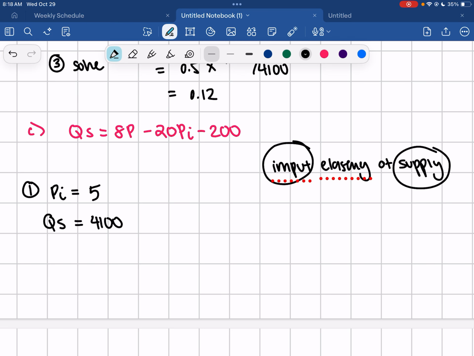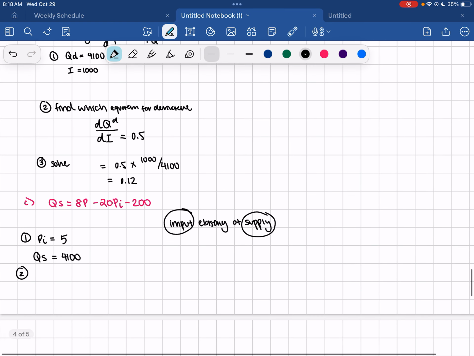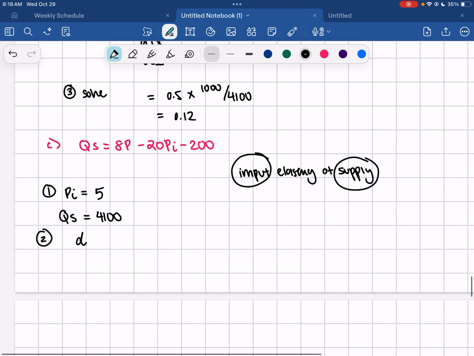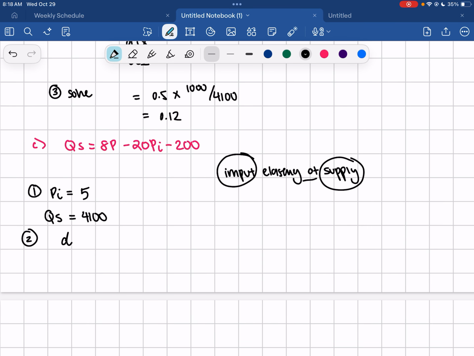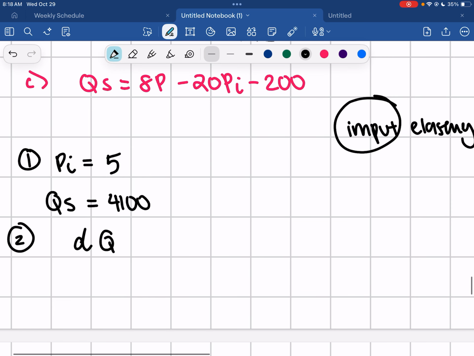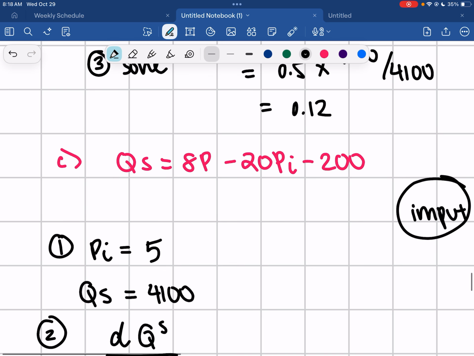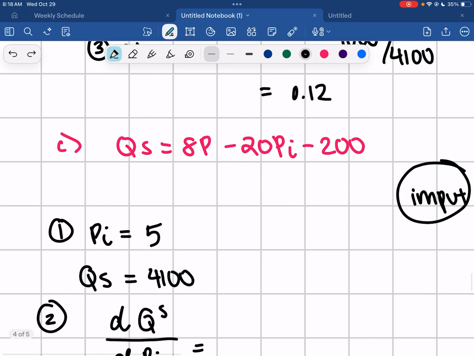So after finding that, what did we do in the previous step? We're going to find the equation of the derivative. This time, what is it of? It is of supply. So QS will be the numerator. And the first one, input, is obviously going to be at the bottom. Looking back at the equation, QS is on the left side, it is isolated.